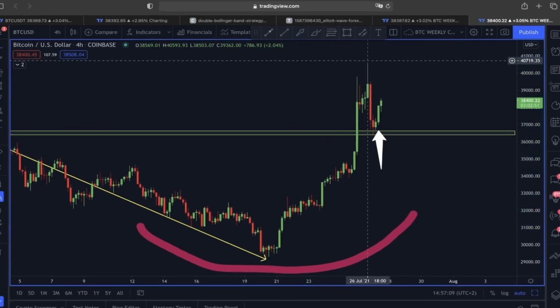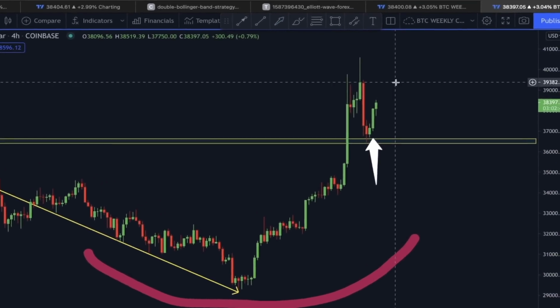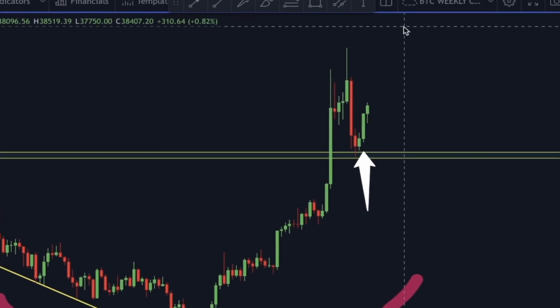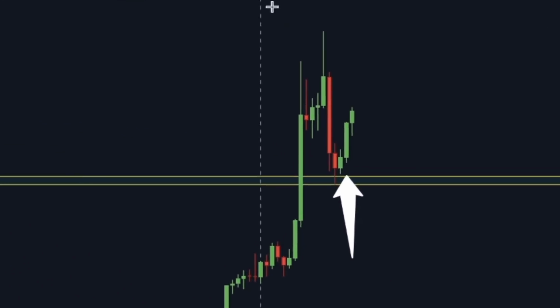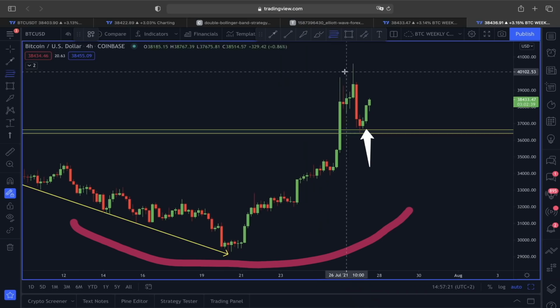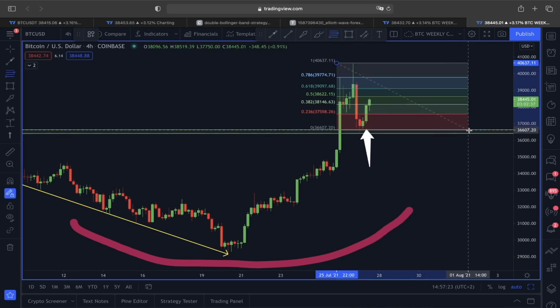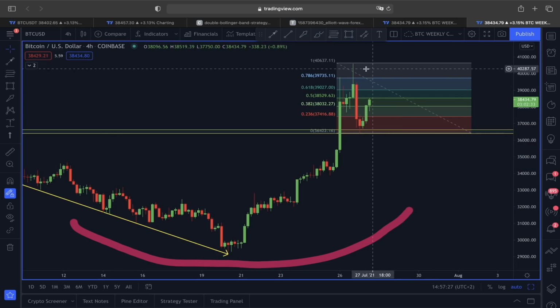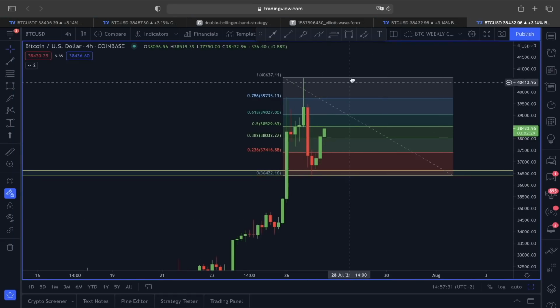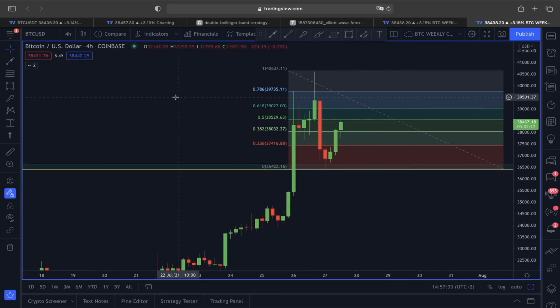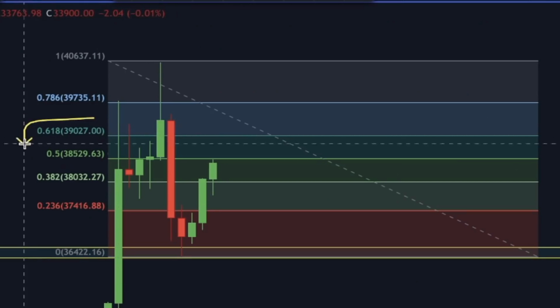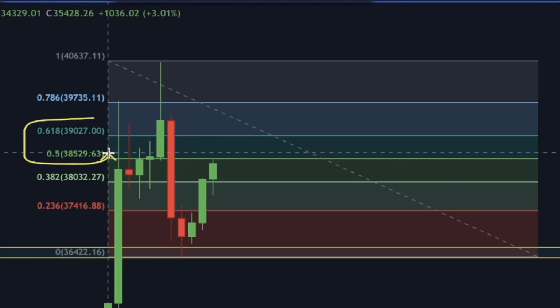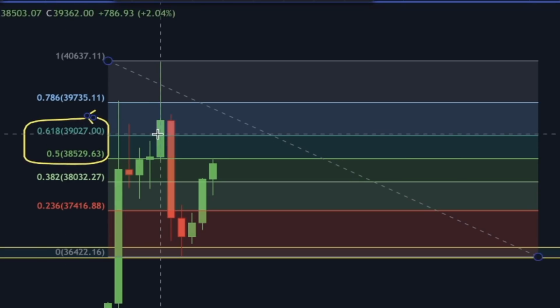So if this is going to be an actual movement to the upside and price is going to continue, then what we want is the price of Bitcoin to break out of this dead cat bounce scenario that could also be playing out right now. Because according to this dead cat bounce, if this is a real reversal to the upside, then the price here should never close above this 0.5 and 0.618 Fibonacci retracement level.